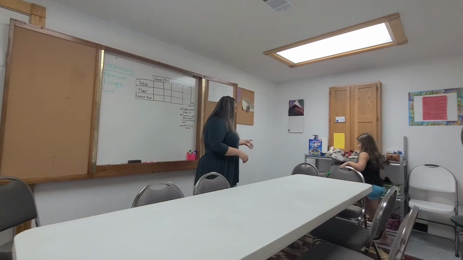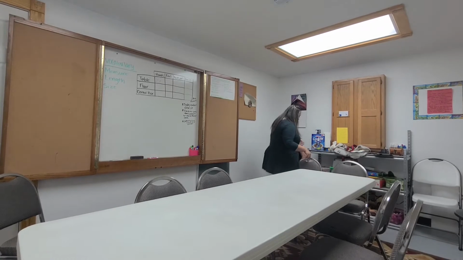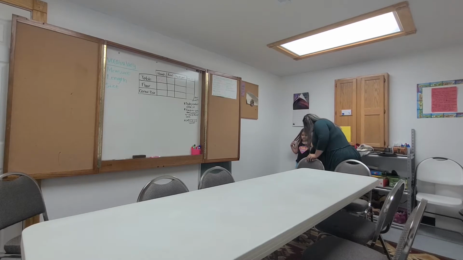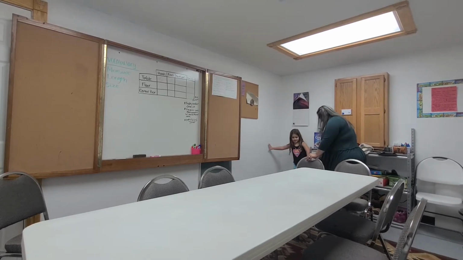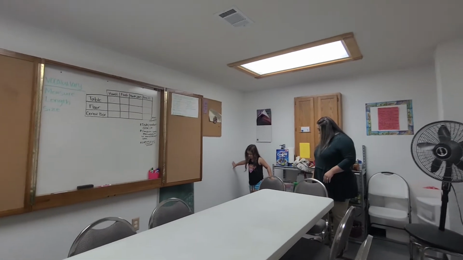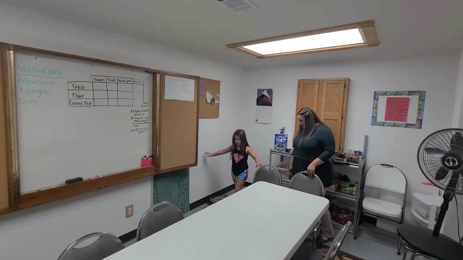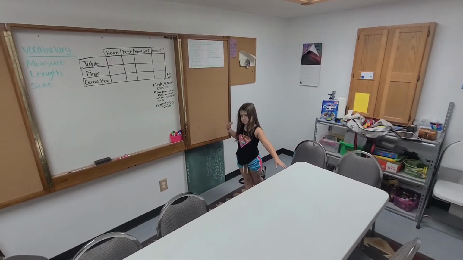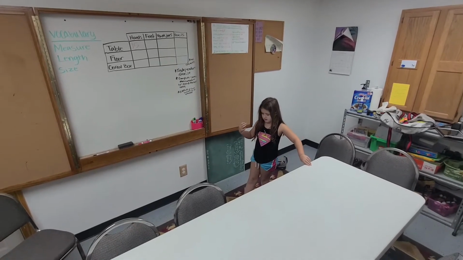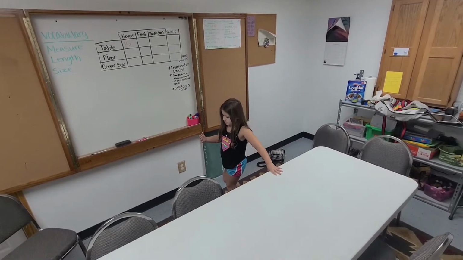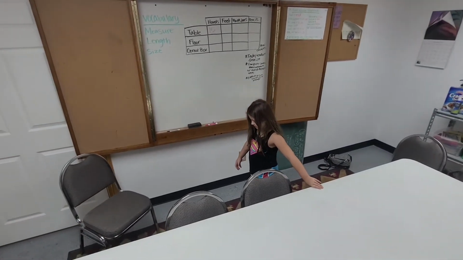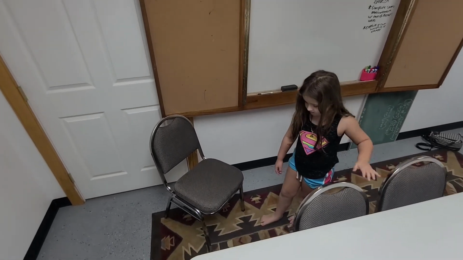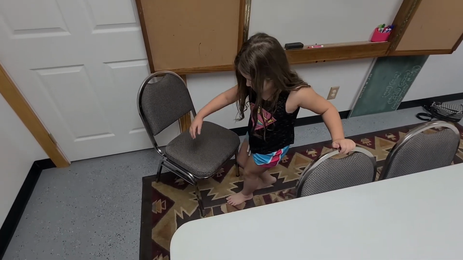Now I want you to walk and measure how many feet you get, okay? So you just start from that wall and put one foot in front of the other. 1, 2, 3, 4, 5, 6, 7, 8, 9, 10, 11, 12, 13, 14, 15, 16.